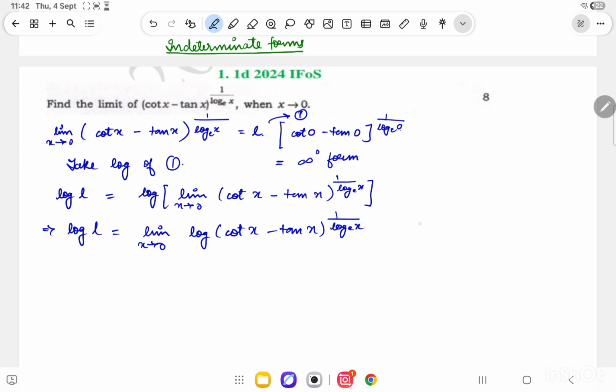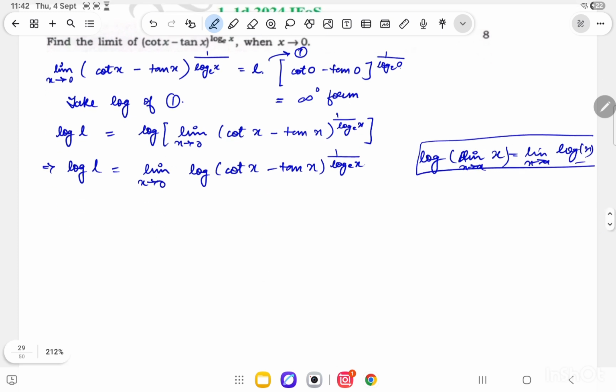I am able to do so because log of the limit as x approaches a of f(x) is equal to the limit as x approaches a of log f(x). Because of this I am able to take this limit outside of log.